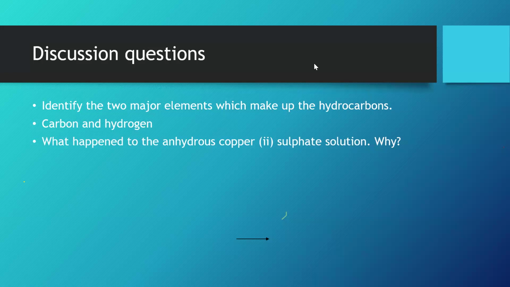Can you hear me? Yeah, please go ahead. Yeah, it turned blue because there was presence of water. It turned blue due to the presence of water. Okay, thank you. You're welcome.